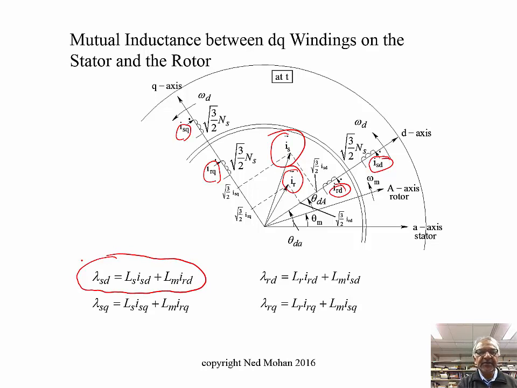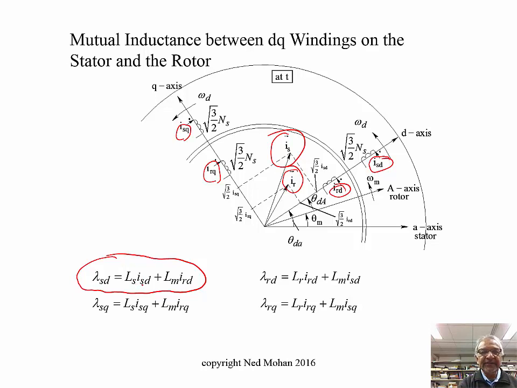So this is the expression for flux linkage in the stator D winding. First of all, the flux linkage in this has no contribution from the Q axis, either stator or rotor, because the Q winding is orthogonal to the D axis.